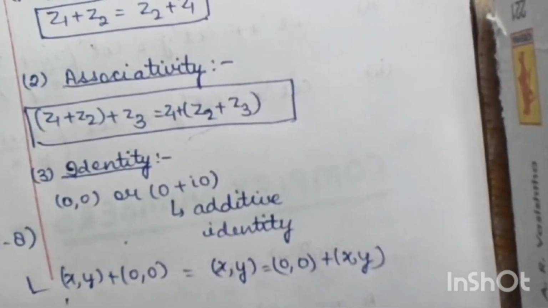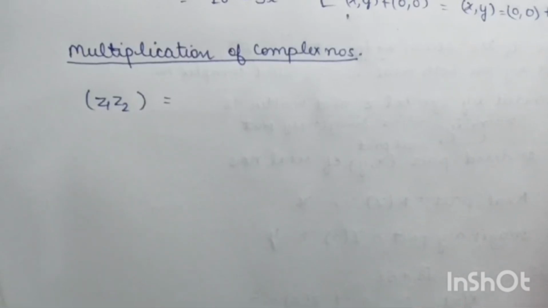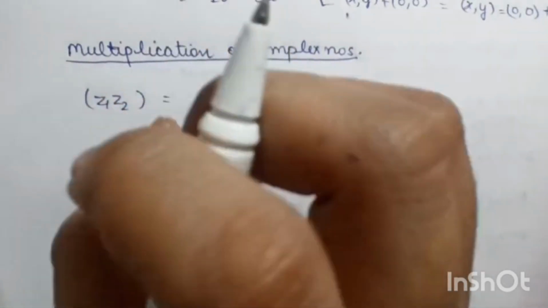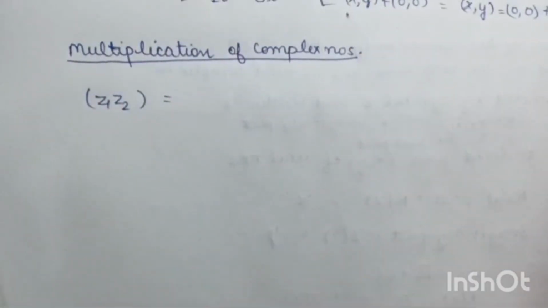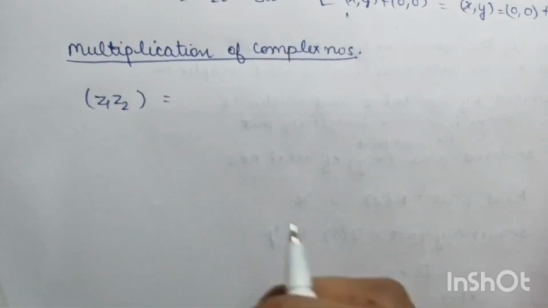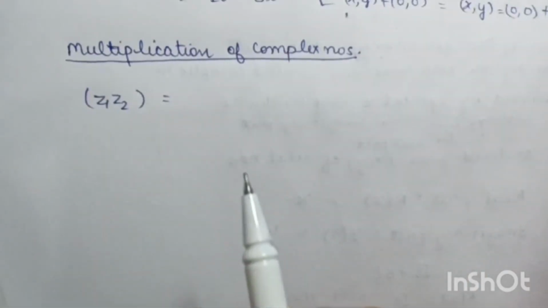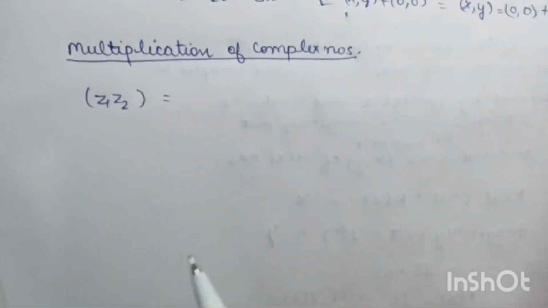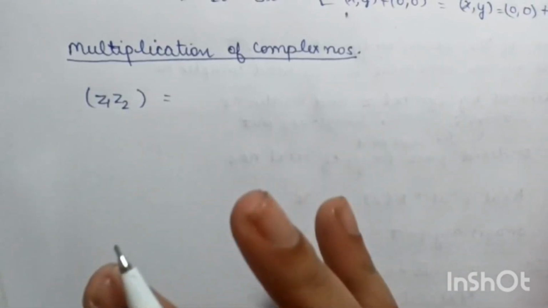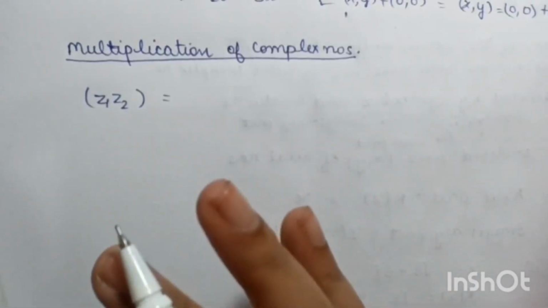Okay, it is same. So now I will tell you the multiplication of two complex numbers. Like if we have two complex numbers, z1 and z2, where z1 is equals to x1 plus iota y1, and z2 is equals to x2 plus iota y2, then how will we do the product of z1 and z2?